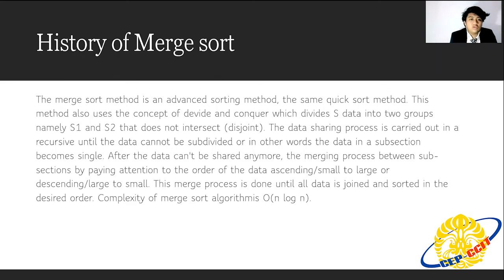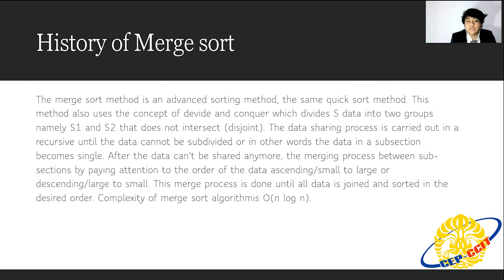The merge sort method is an advanced sorting method. This method also uses the concept of divide and conquer, which divides data S into two groups, namely S1 and S2, that do not intersect or are disjoint. The data sharing process is carried out recursively until the data cannot be subdivided, in other words, the data in each subsection becomes single.